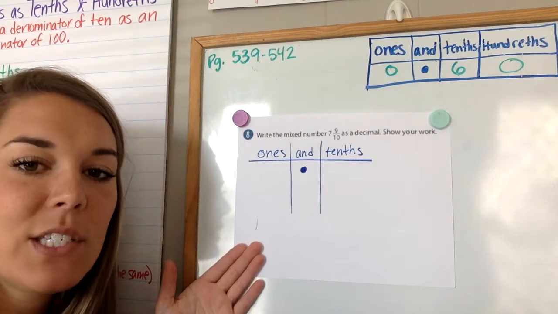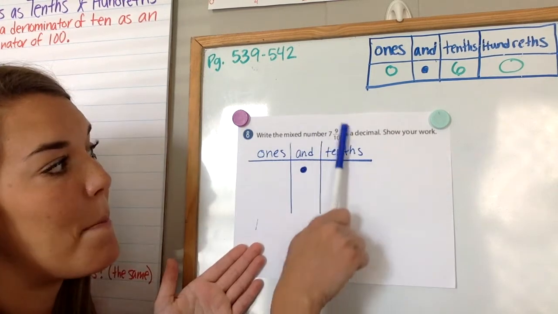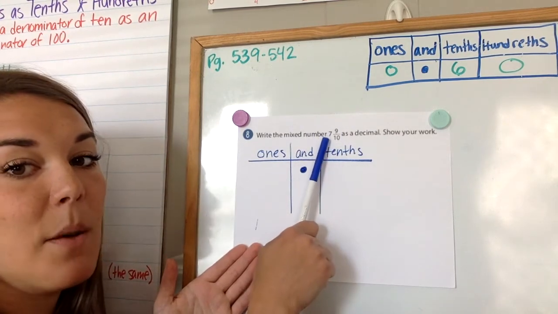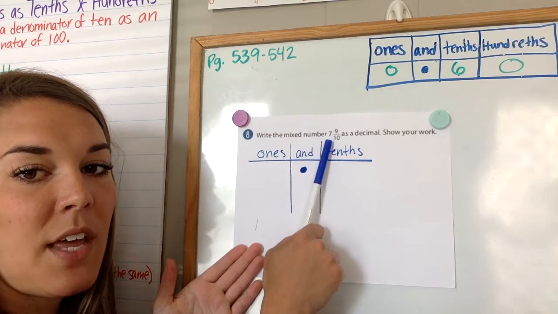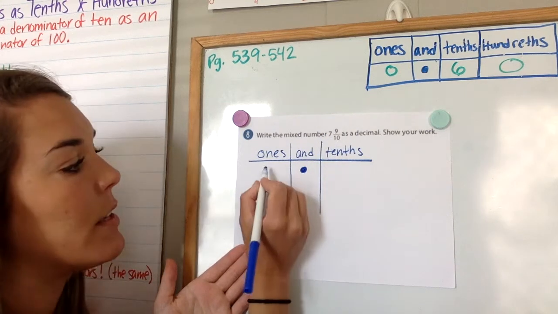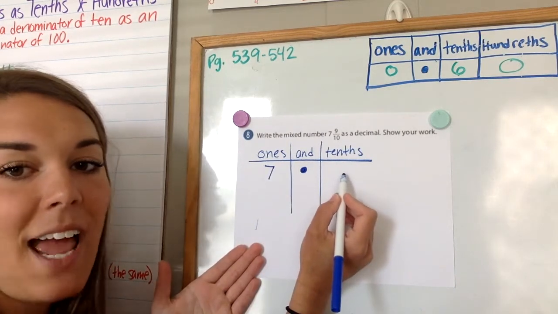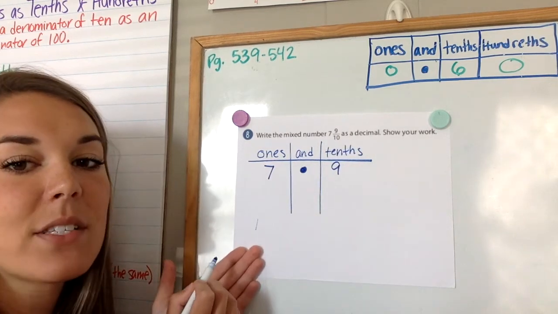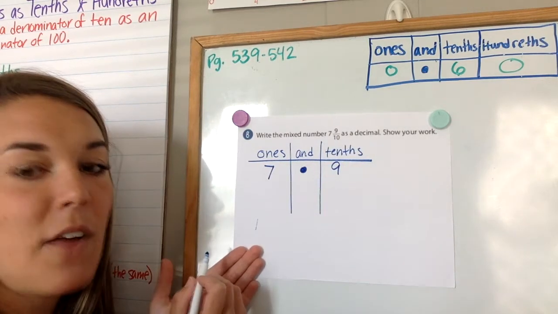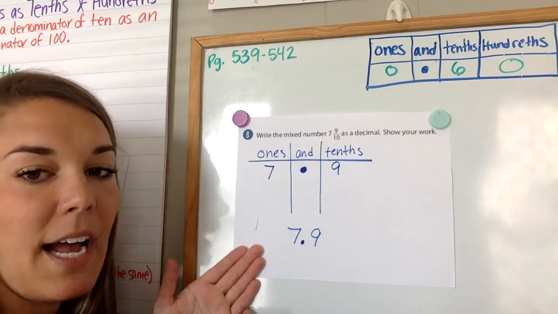In this case, we do have some wholes, right? When I look at a mixed number, the big number is the wholes, right? How many wholes are there? 7. There's 7 wholes. And how many tenths? 9. 9 tenths, right? So if I write this nice and neatly, 7 and 9 tenths.